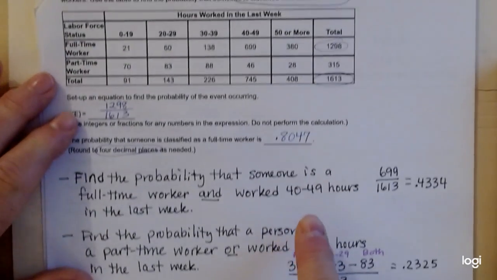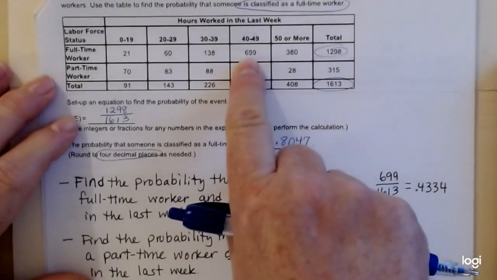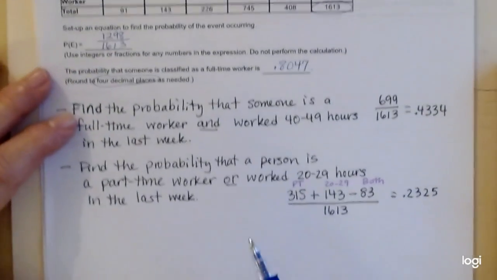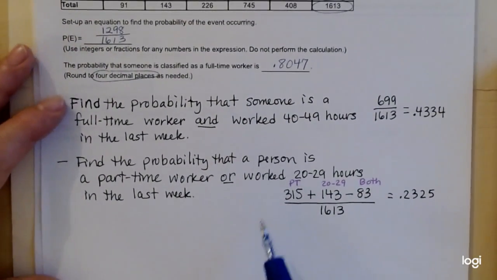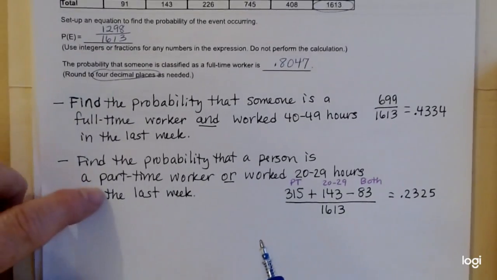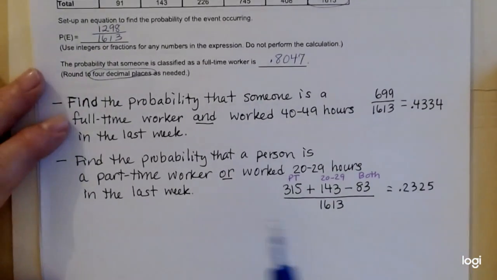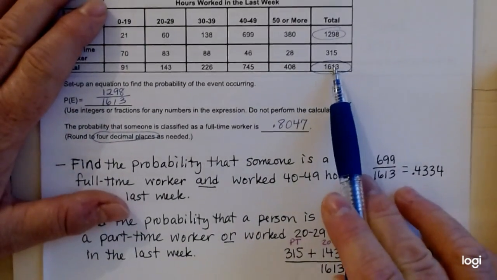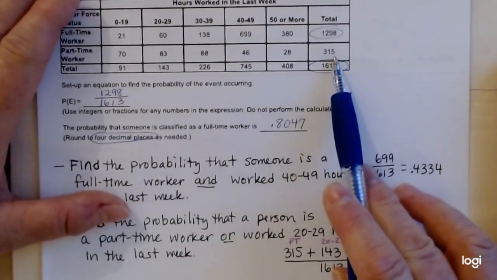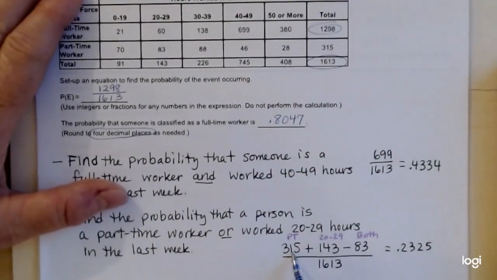So it was only the 699 where those two intersected. For the "or," we need the total, but we have to remember that some people are counted in both of these categories. So first of all, we're going to look at part-time worker. The total number of part-time workers is 315 right here. So we're going to put that in.